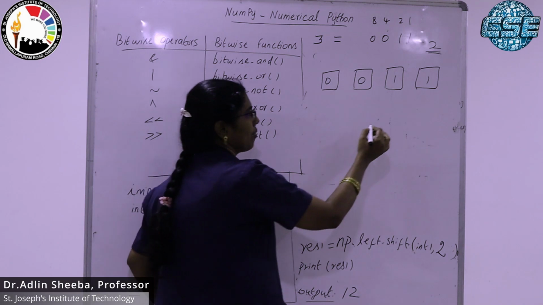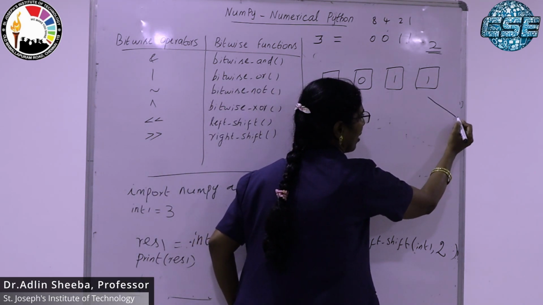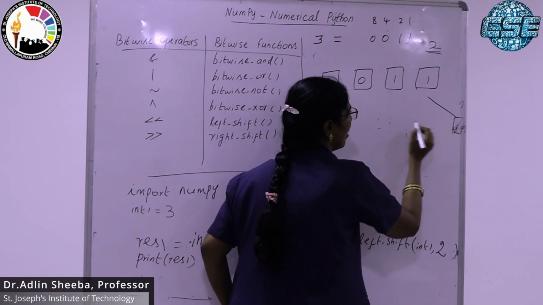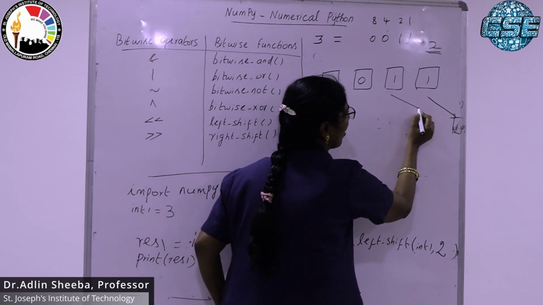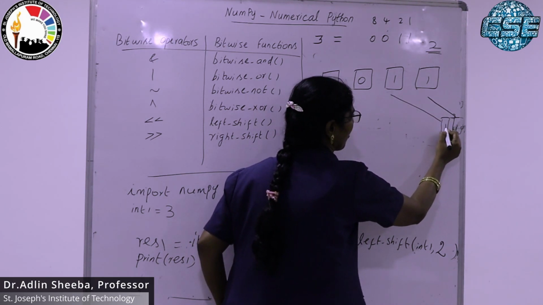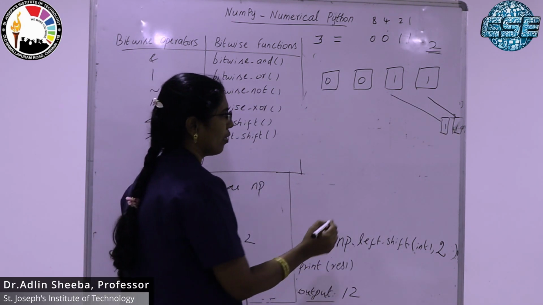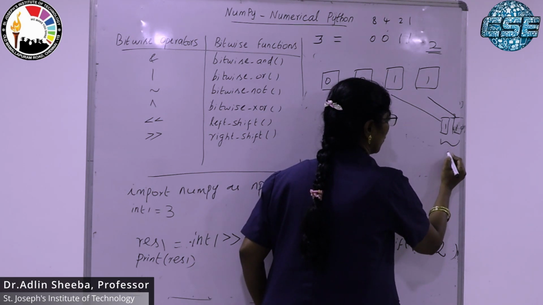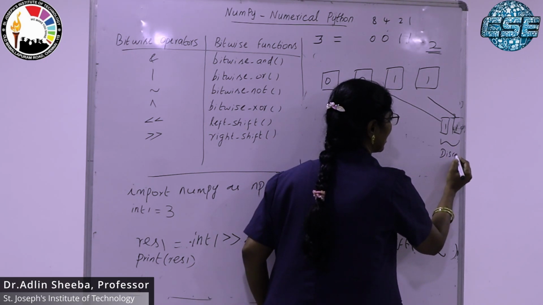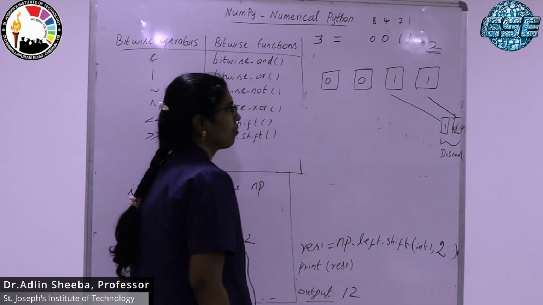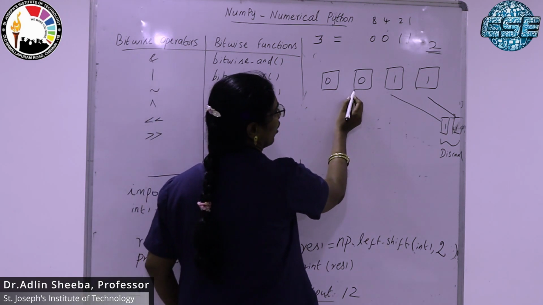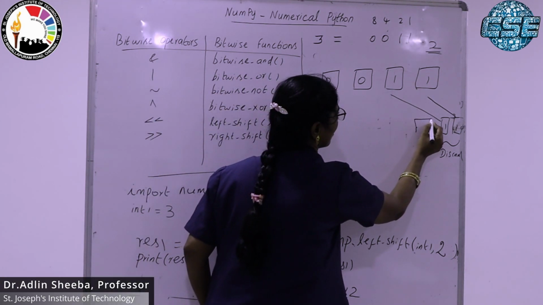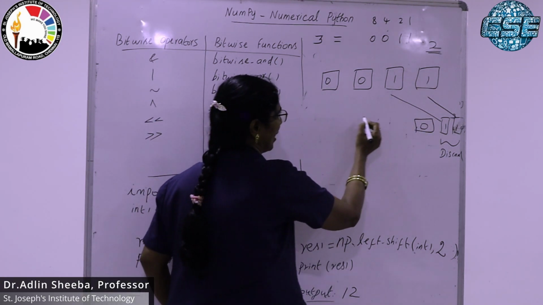This 1 I am shifting here, and this one also I am shifting here. I am discarding these 2. Then this 0 will come to this place, and this 0 will come to this place.